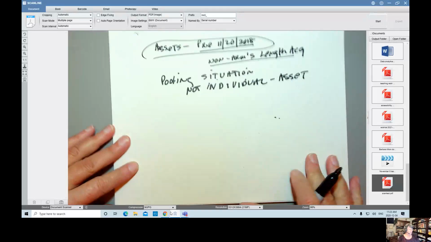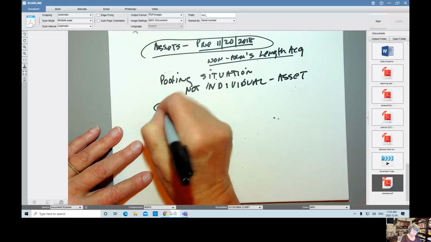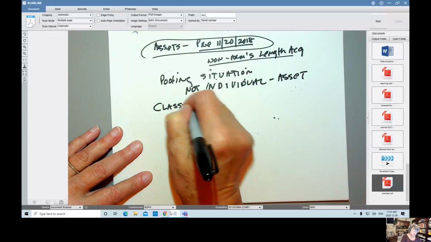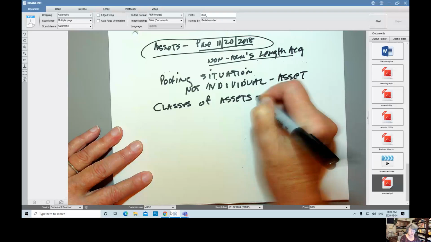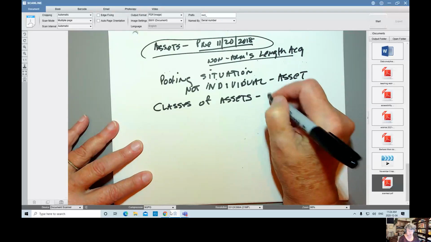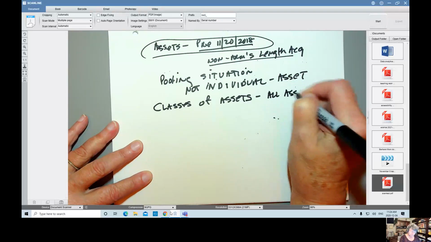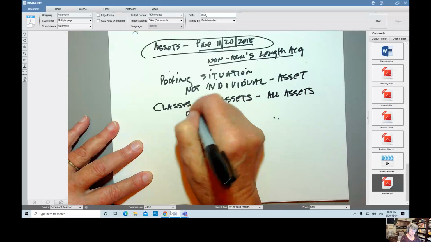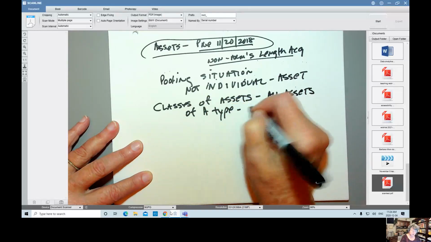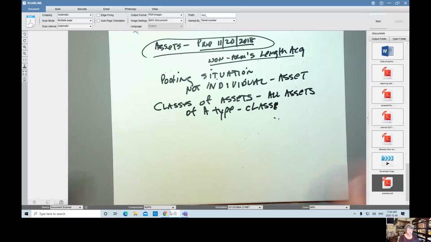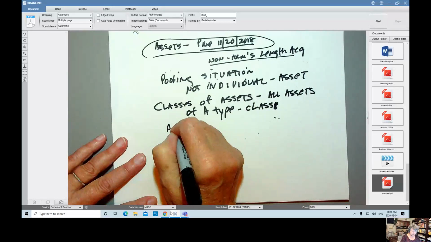What we do is we take categories, what we call classes of assets, and we group the assets and put all the assets in the group. So all assets of that type go into the class, and we'll see what this does is essentially create an averaging.